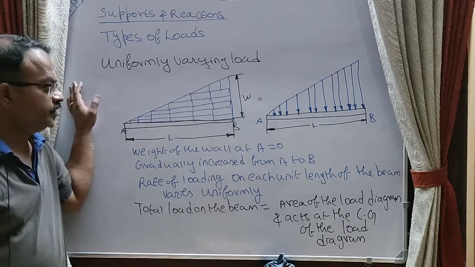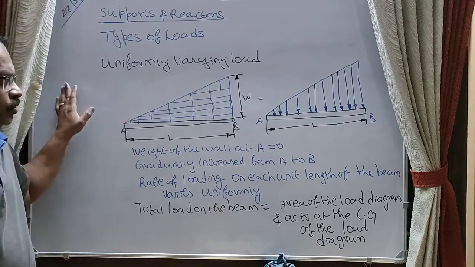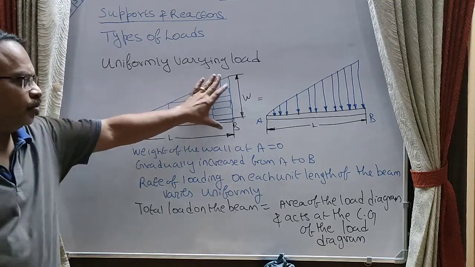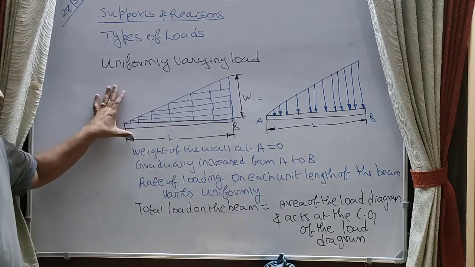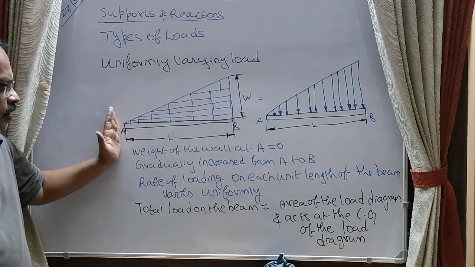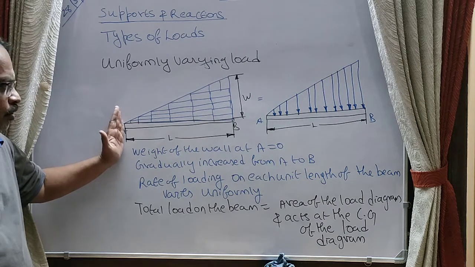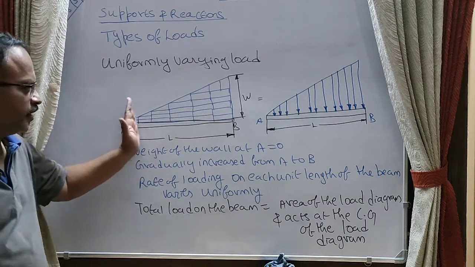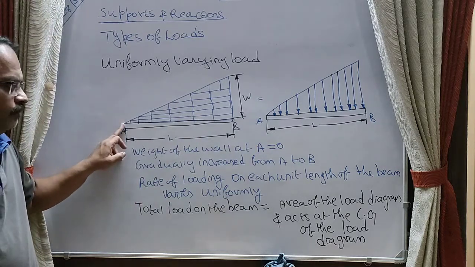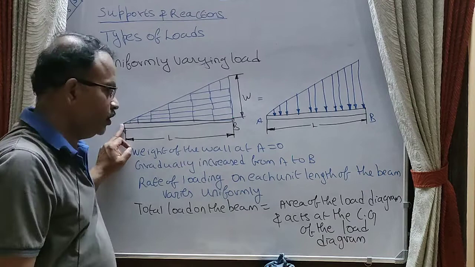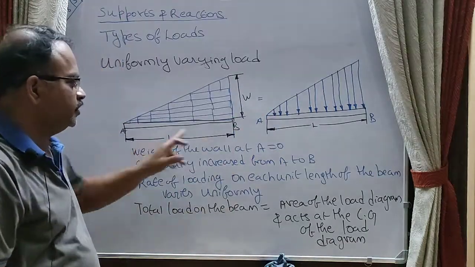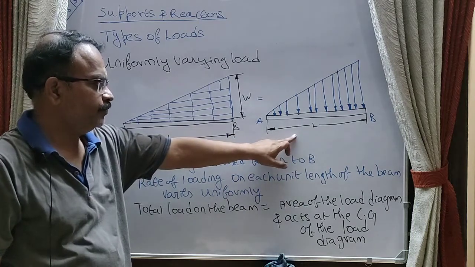The next load we are going to see is called uniformly varying load. So I consider a beam on which a triangular wall is constructed. You can see that at point A of the beam, the load is 0 and it is gradually increased from A to B. So the weight of the wall at point A is equal to 0 and it is gradually increased from A to B, and this is shown in this figure.